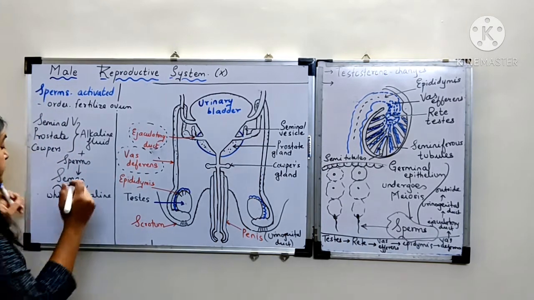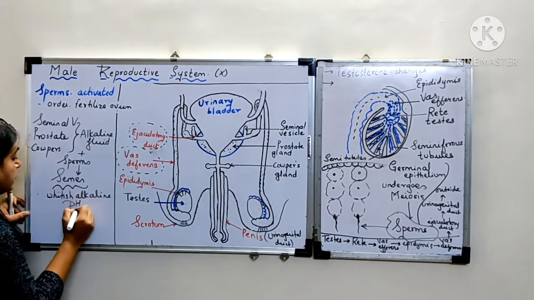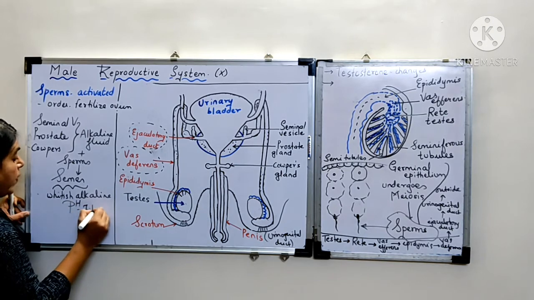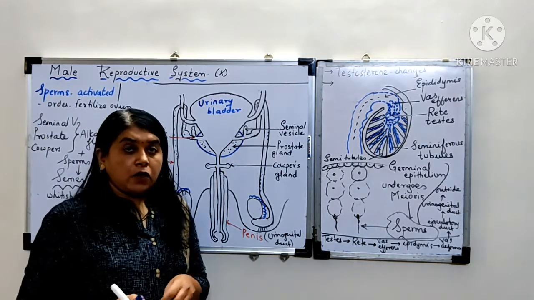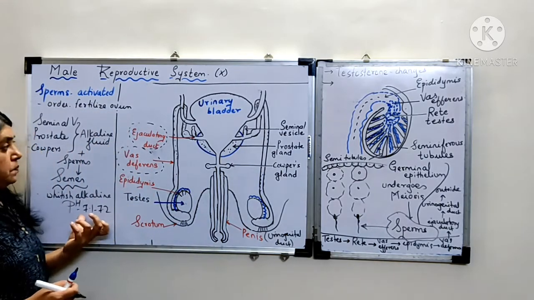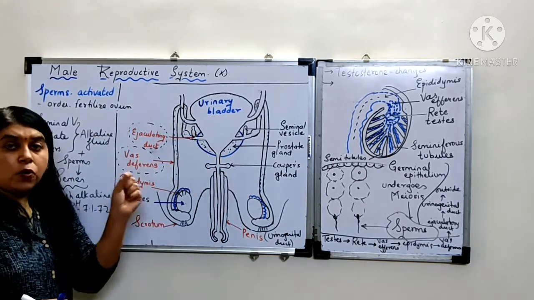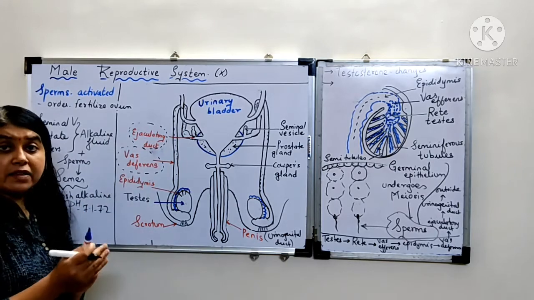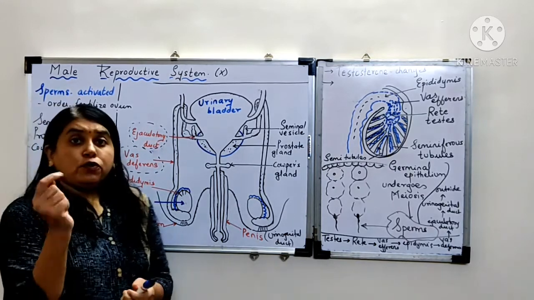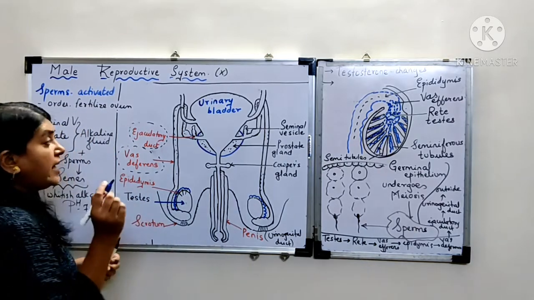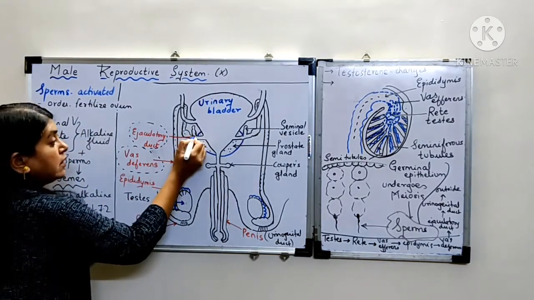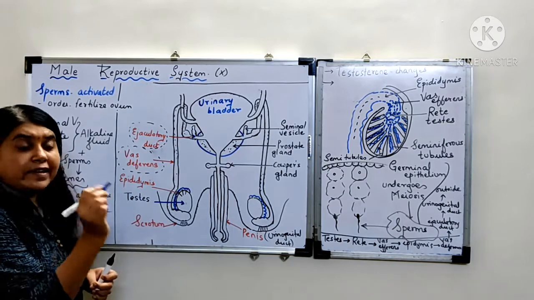Its pH, 7.1 to 7.2, is the pH of the semen. Okay, so this is how the sperms are carried by the semen. Now, if a question is asked to you, what is ejaculatory duct? Ejaculatory duct, this part, I had shown you when drawing the diagram.